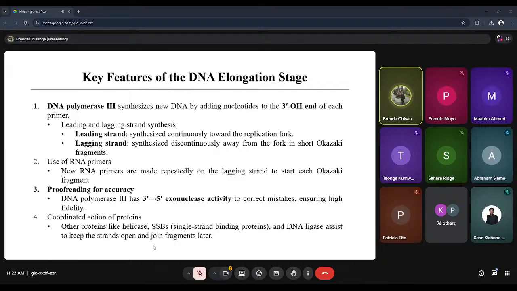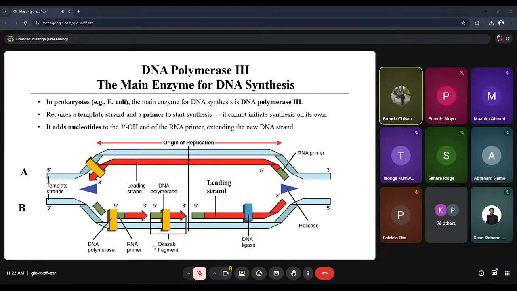So now, let's move on to the next slide. This is like the overview of what is happening at the origin of replication. We know the origin of replication will be at this junction here, and then replication will take place going in this direction, because we are going to have helicase here, and also helicase going in that direction.